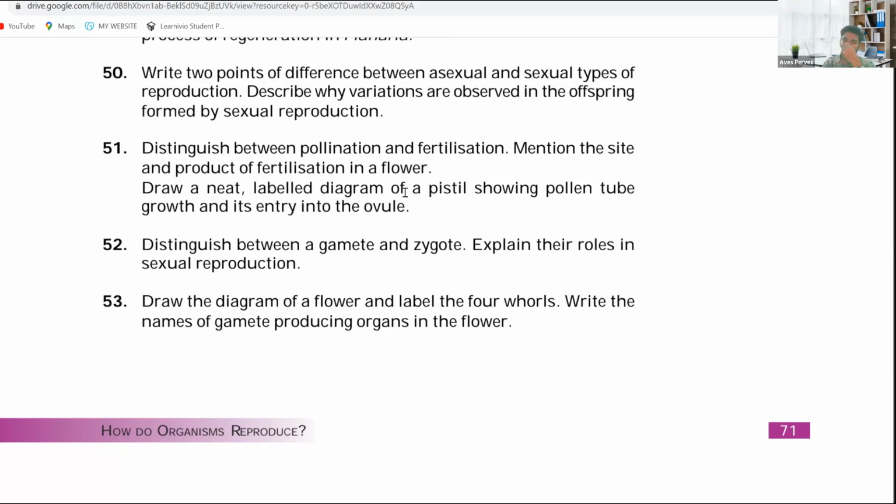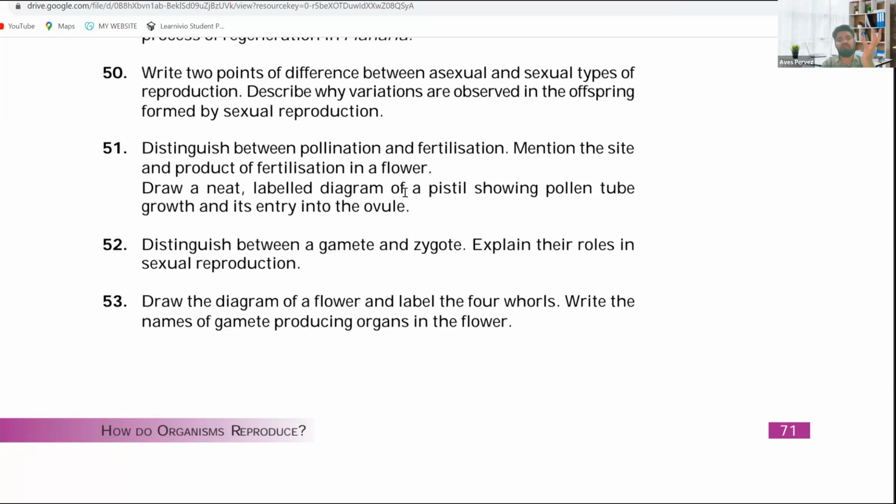Gametes are the reproductive cells that participate in the process of reproduction. When the male and female gametes fuse together, they form a zygote, which has double the number of chromosomes as the gametes. And what are their roles in sexual reproduction?